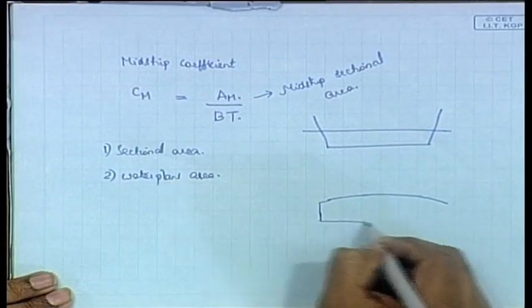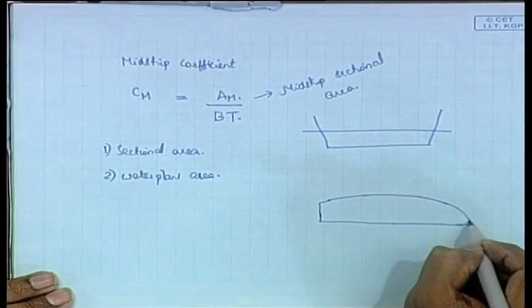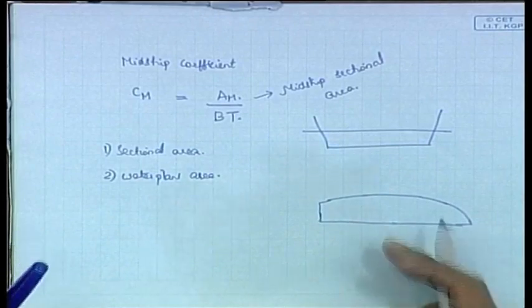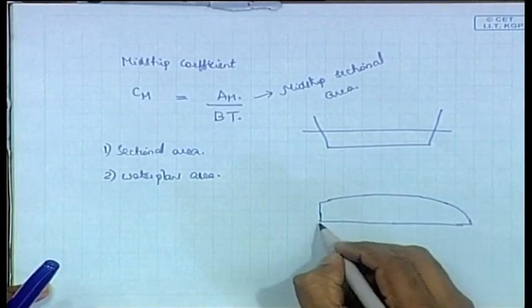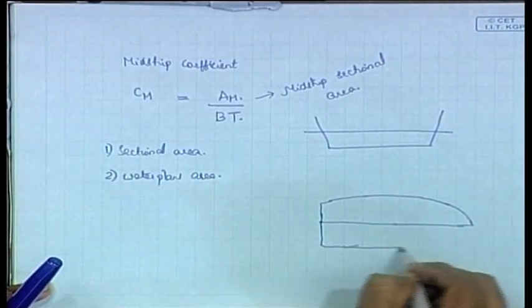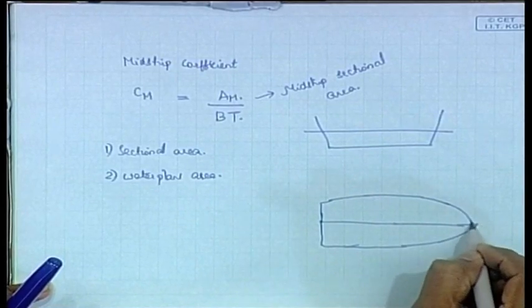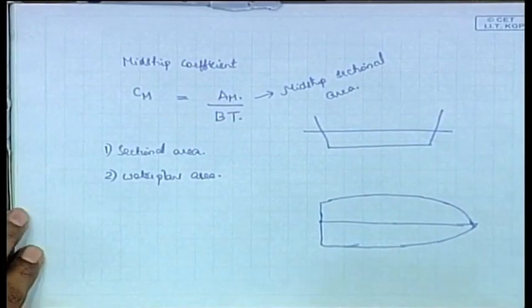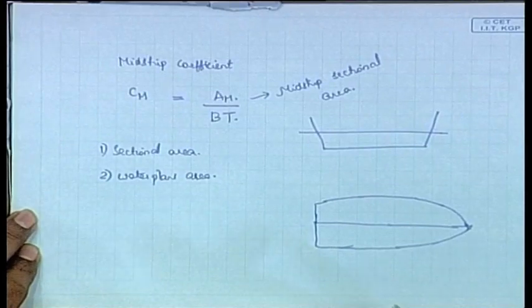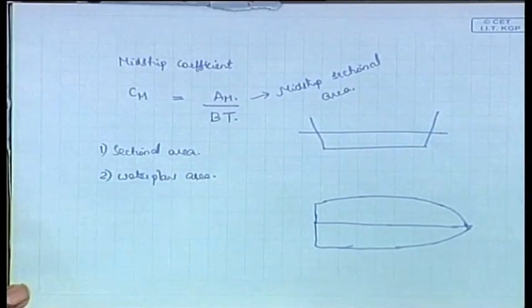This is of course the half, but the whole thing is called the water plane area. So, two types of areas that you will come across, and this is very important. Today's lecture is very simple, but it's full of terms which you have to know. If you get confused with these things, everything gets confused later.